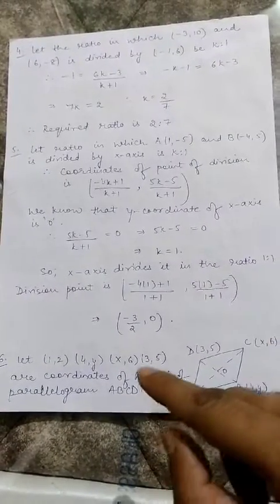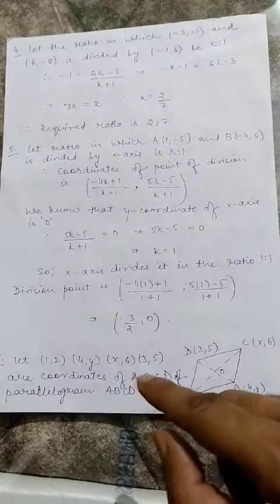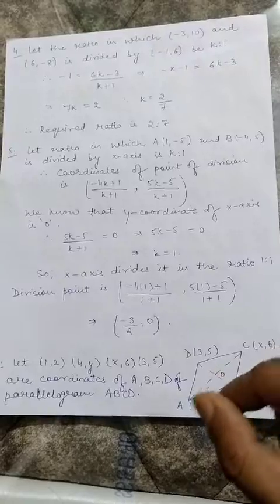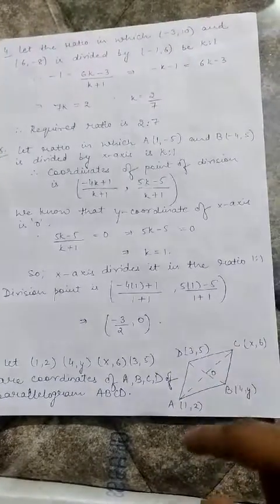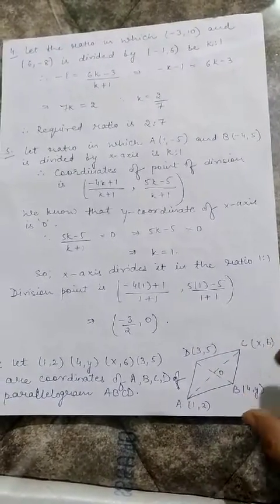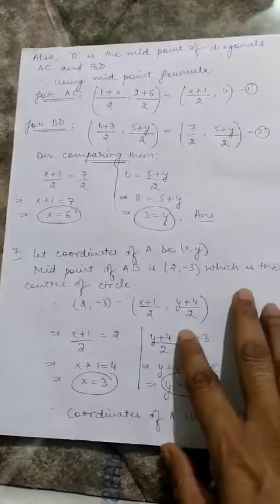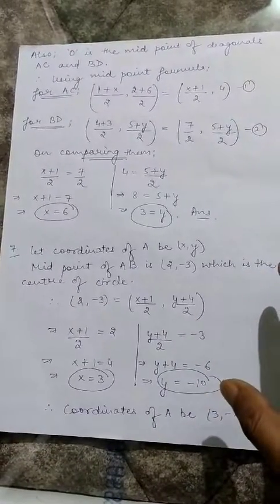let (1, 2), (4, y), (x, 6) and (3, 5) are the coordinates of A, B, C, D of parallelogram ABCD. So A, B, C, D are the four points which are given to us. They are the points of a parallelogram. Using the property of parallelogram, we know that the diagonals of the parallelogram bisect each other.